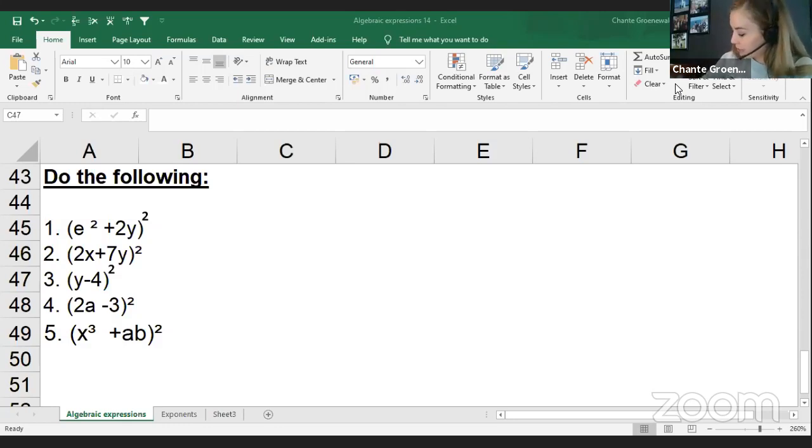Okay, number 3. So we have (y - 4)(y - 4). Here's number 3 for you.